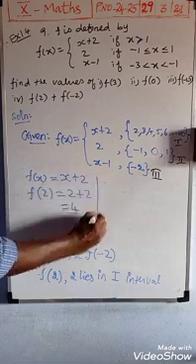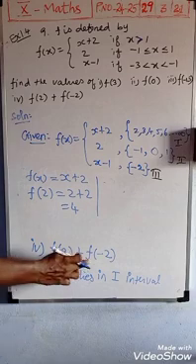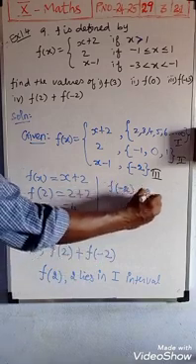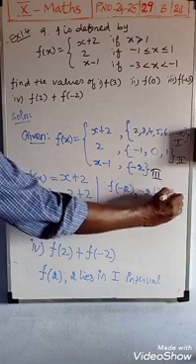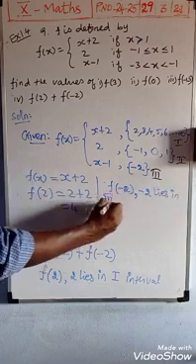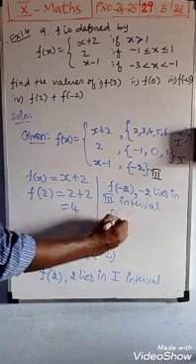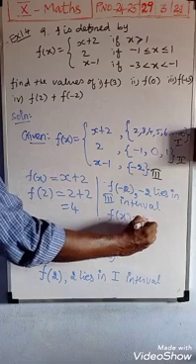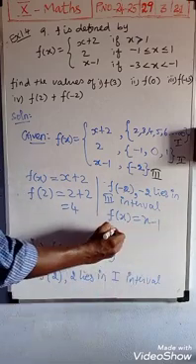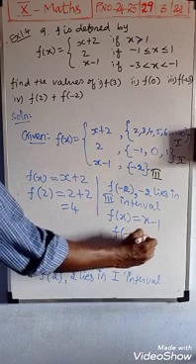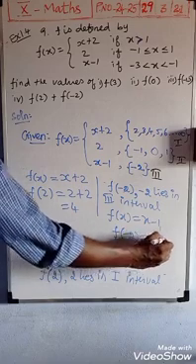Then next you see f of minus 2. Minus 2 lies in the third interval. Lying in the third interval means f of x is x minus 1. So instead of x you substitute minus 2, so minus 2 minus 1.